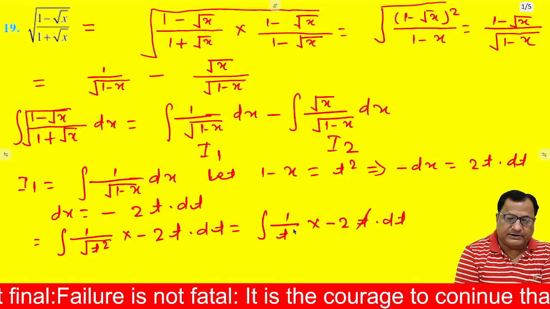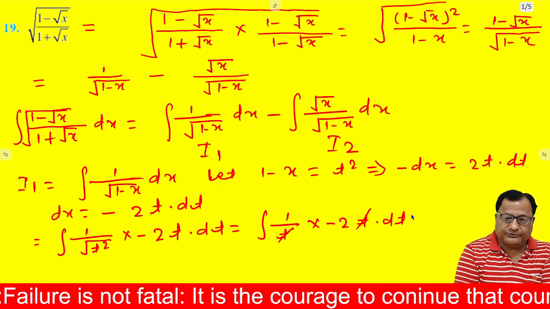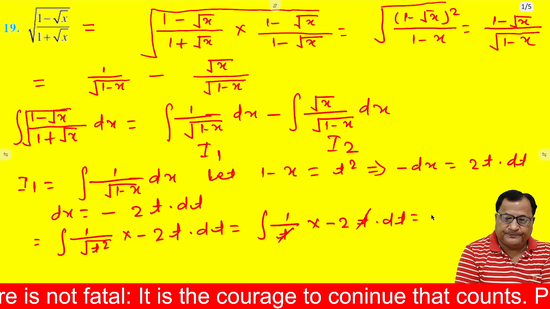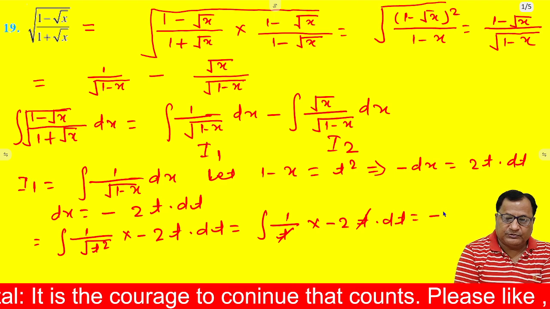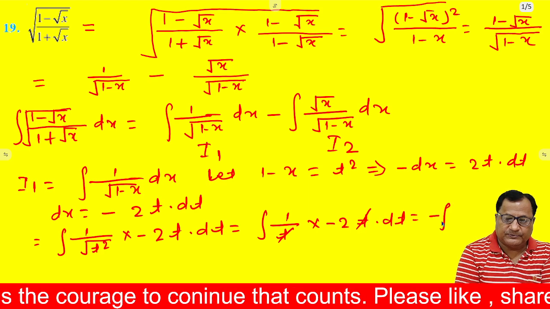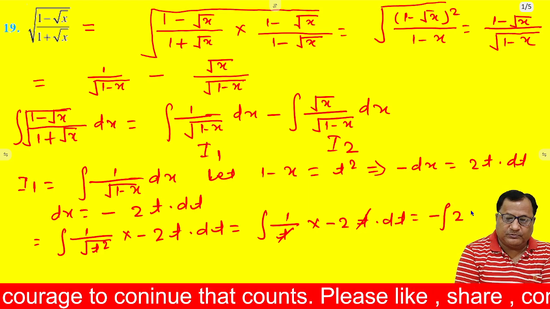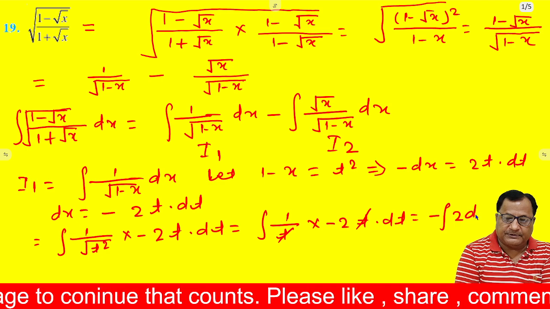T and t will cancel, so this will be minus 2 dt.